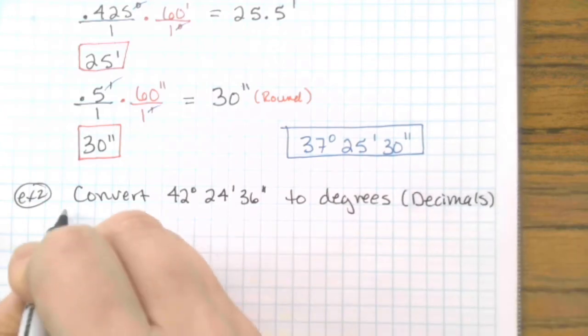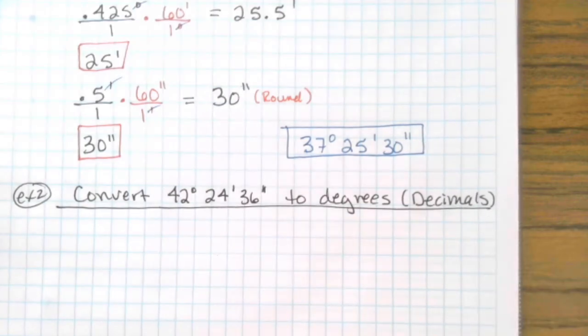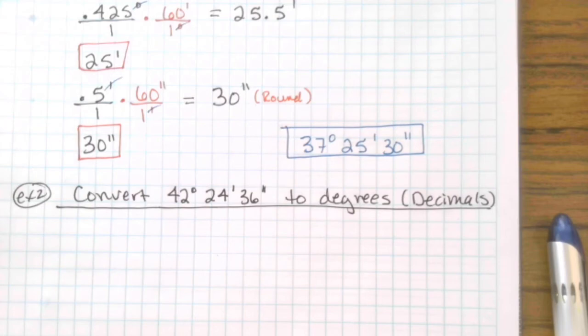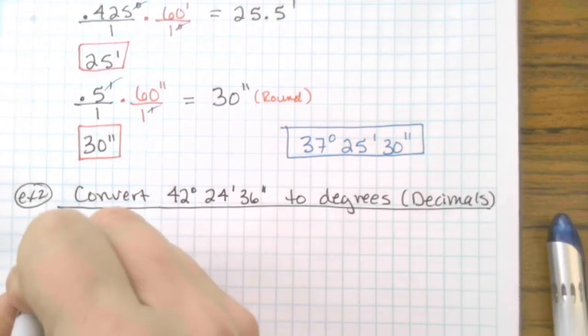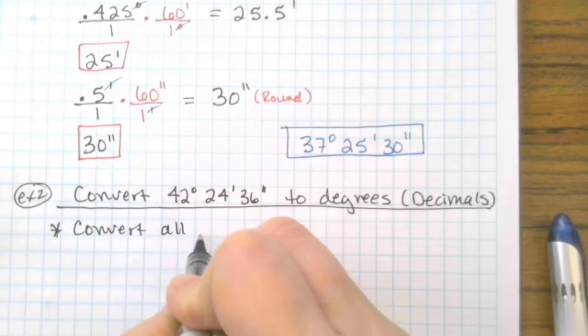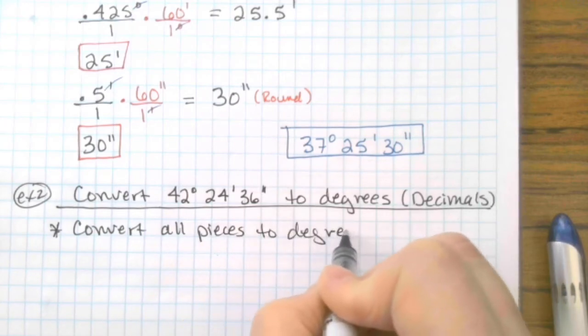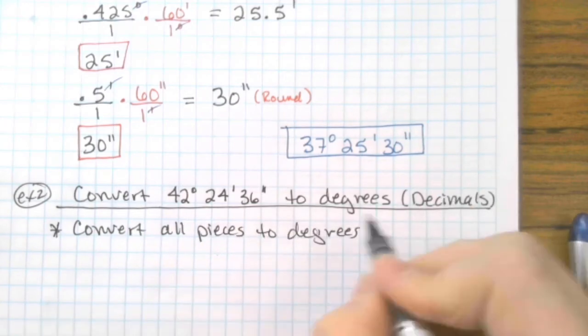It's not possible to not have decimals because you have to have something that does the smaller measurements of minutes and seconds. Okay, so basically what you're going to do is convert all pieces to degrees. Then add.